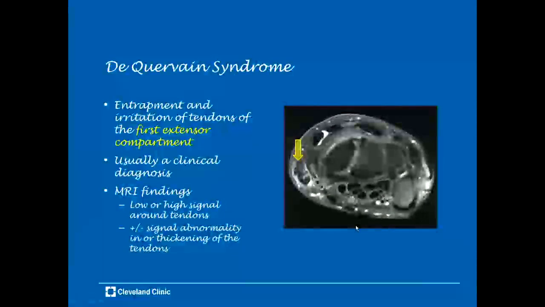De Quervain's syndrome or De Quervain's tenosynovitis is a particularly common entity that one encounters when imaging the wrist. This is secondary to an entrapment and irritation of the tendons of the first extensor compartment. This is usually a clinical diagnosis, but can be diagnosed on MRI as well.